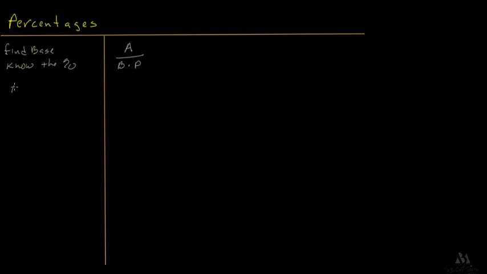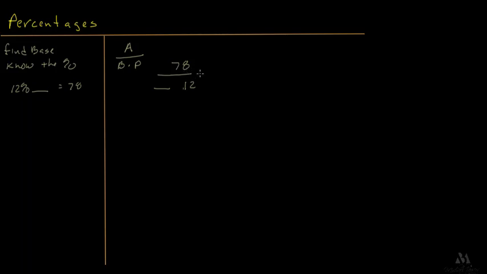Well, 12% of what number equals 78? Now you heard me say "of," the 12% of, so we know the 12%, so I'm going to put that down here as our P. There's our 12%. "Of" would be the base, which we don't know, and we do know the 78.